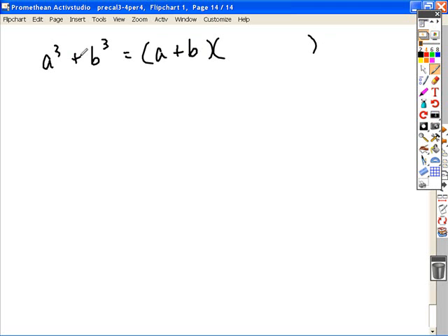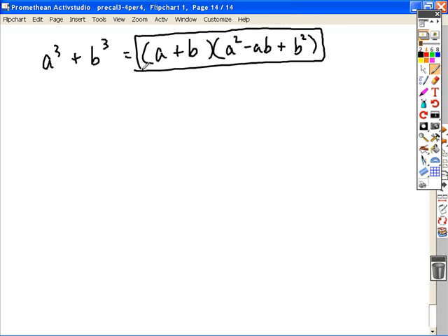Your second factor is a trinomial. That trinomial will have a first term of the first base squared, whatever base is being cubed. The last term is going to be the second base squared. And then the middle term of this trinomial is going to be the opposite of the product of those two bases. So a times b, and then change the sign of it, and that gives you your pattern for those factors.